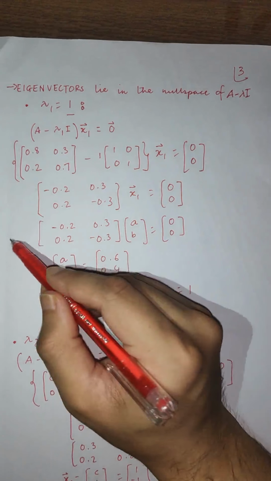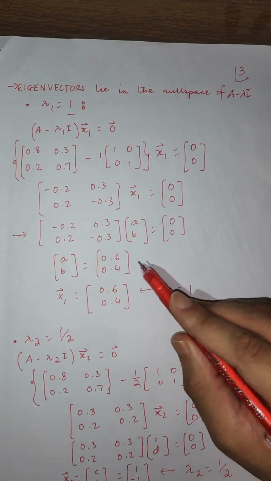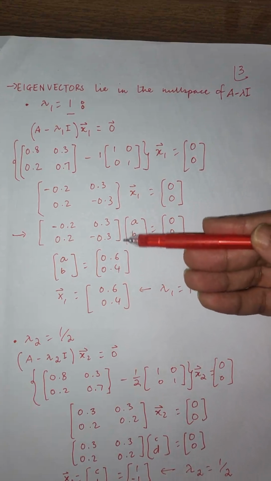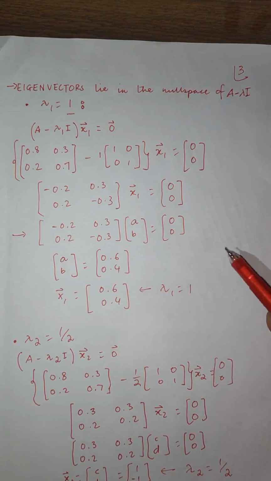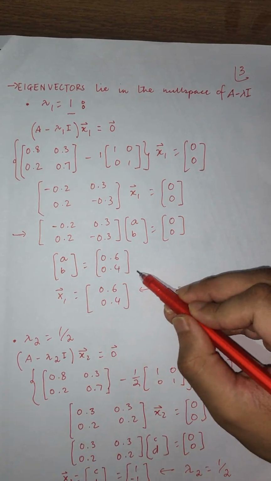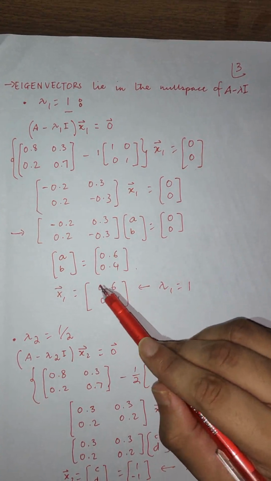So what we have right here is a system of two linear equations. I hope you guys do know how to solve a system of linear equations. Once this system of two linear equations gets solved, we have the solution right here. So a is equal to 0.6 and b is 0.4.